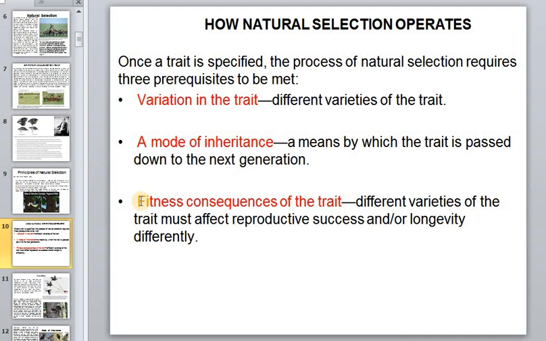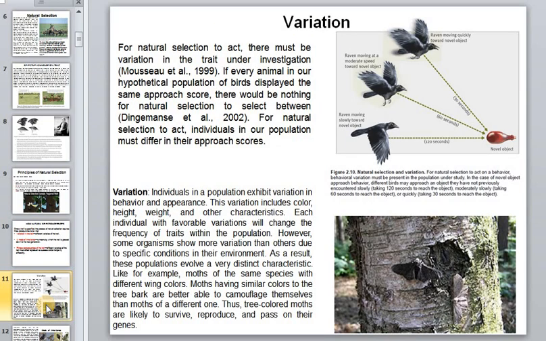Different varieties of the trait must affect reproductive success and or longevity differently.